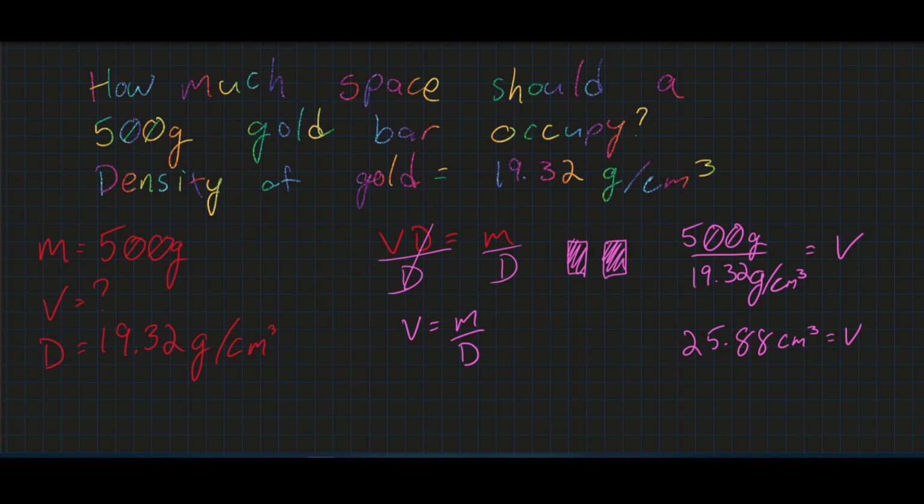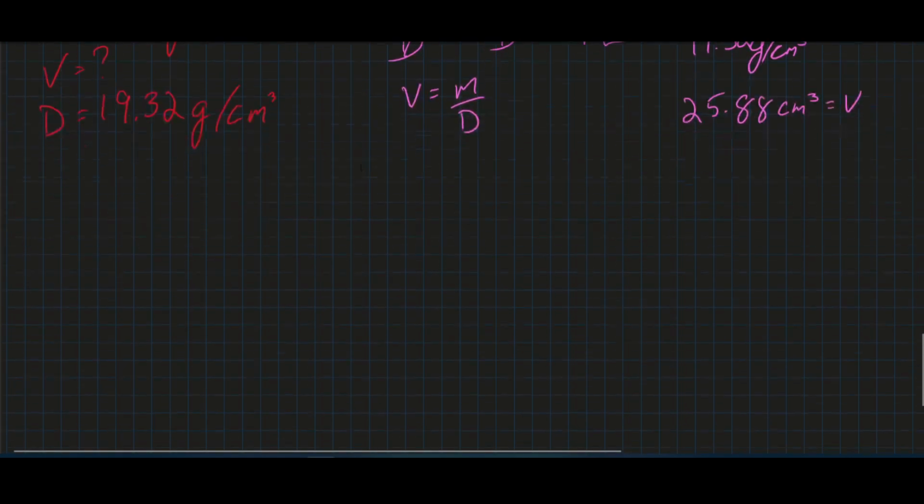Now, let's take a look at something a little bit different that is still applicable. Honestly, you might have done it when you were kids. When you have liquids that have different densities, they will form what's known as a density column.